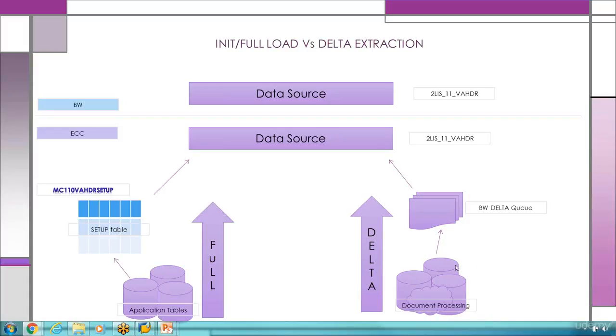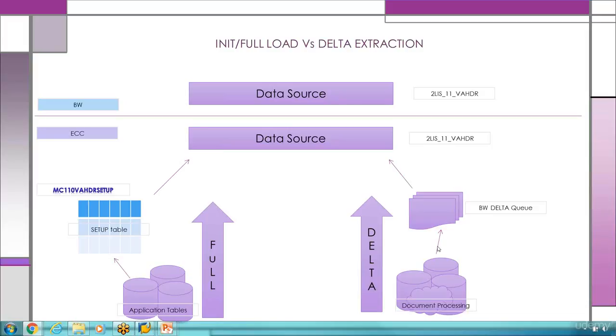The data is processed in the application table, and then it's stored in a place called BW delta Q. This delta Q is basically a V3 collective update. It collects all the data for the last 1 day or 2 days, whichever time period you are loading, or it could be every 1 hour. Most of the time it's every 1 hour.